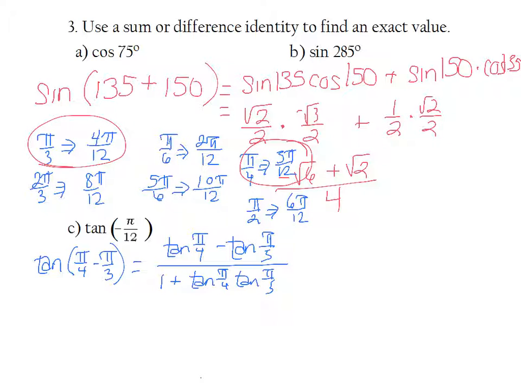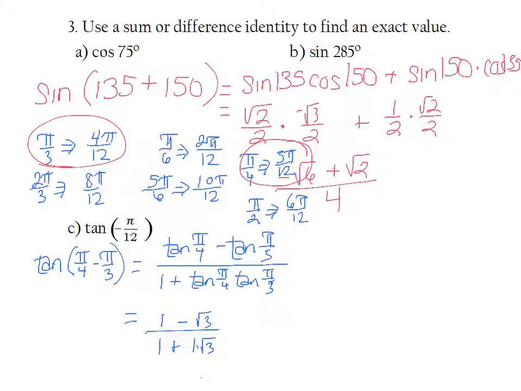And then we fill in the numbers from the unit circle. The tangent of pi over 4 is 1, minus the tangent of pi over 3 is root 3. In the denominator, I have a 1 plus 1 times root 3, which is really just a root 3. And this doesn't come out too bad.